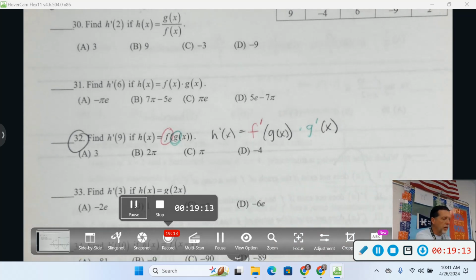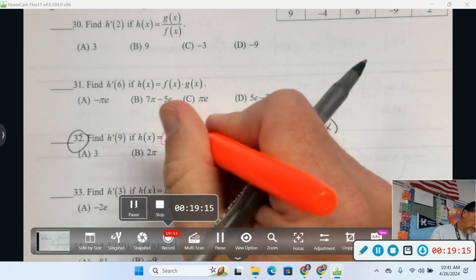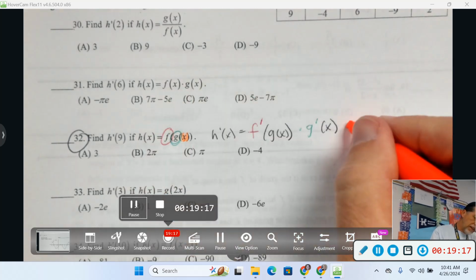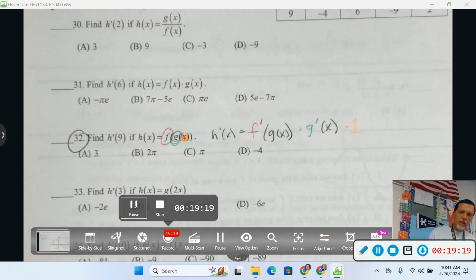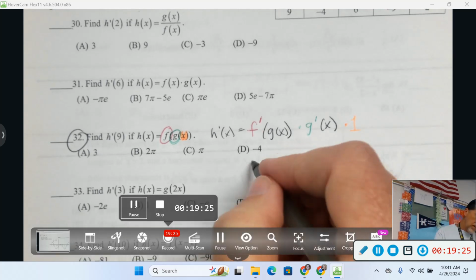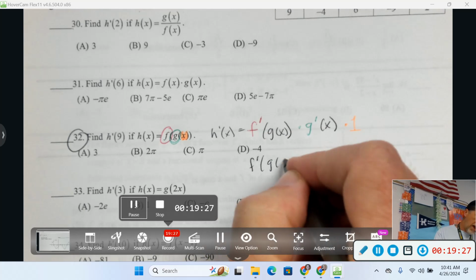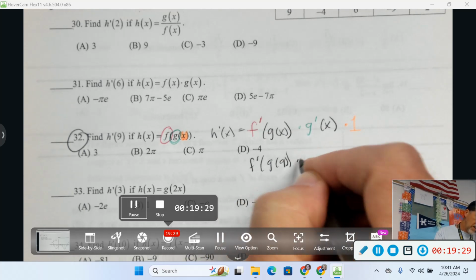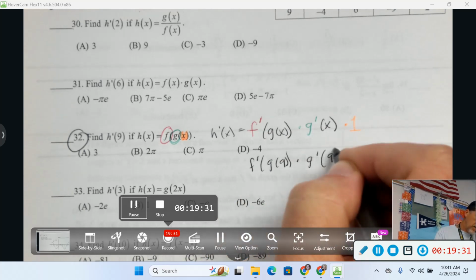And again, if you really want to go all out, the derivative of x is 1. Okay, and we want to evaluate that at 9. So f prime at g of 9 times g prime of 9.